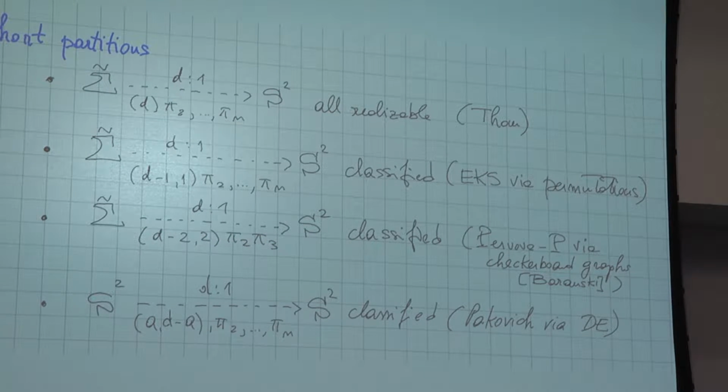And then more generally, the (d-a, a) case was done by Pakovic about the same time with a different restriction. He considered any number of branching points, but only the sphere upstairs.